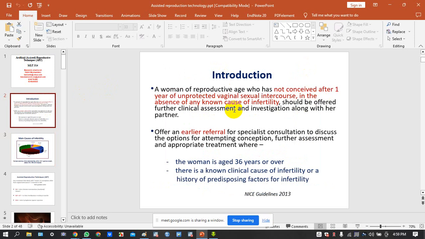A gynecologist has to clinically assess the woman and find out why she is still not conceiving. So we have to offer an early referral to a specialist, consultant, or gynecologist to discuss the options for attempting conception.